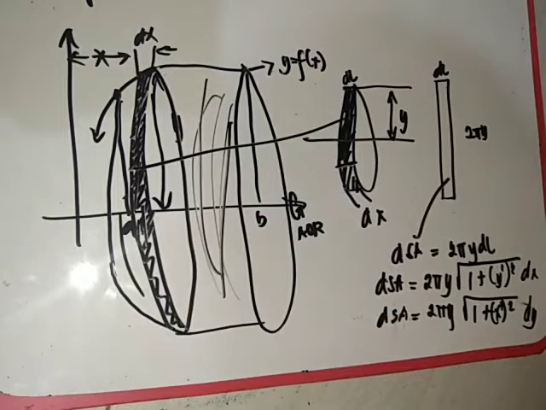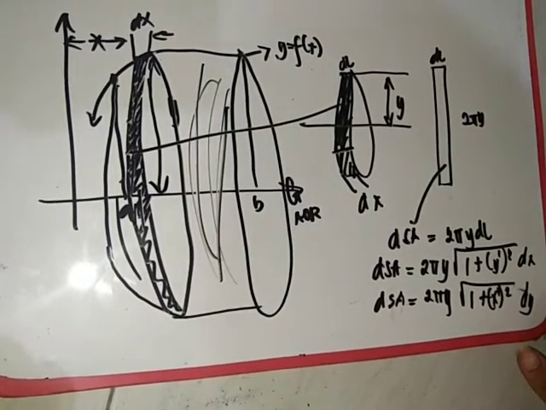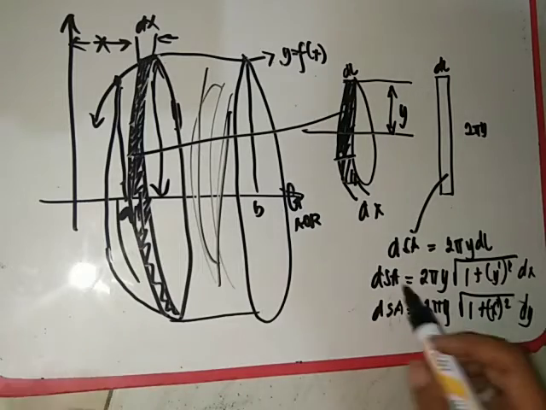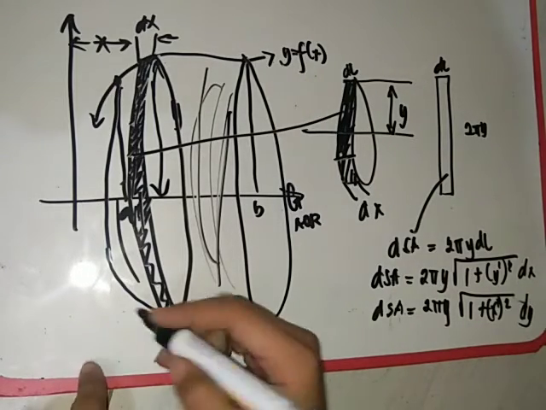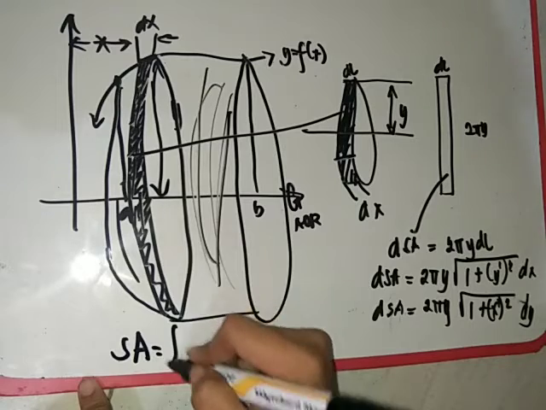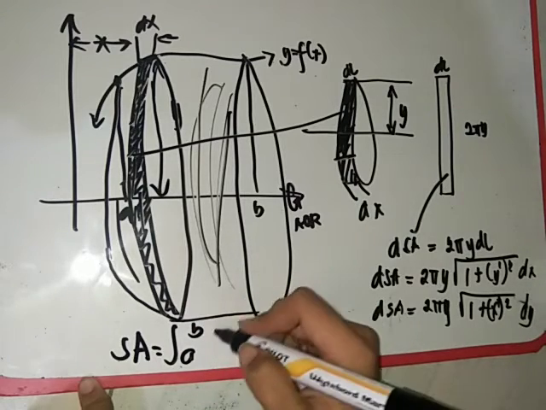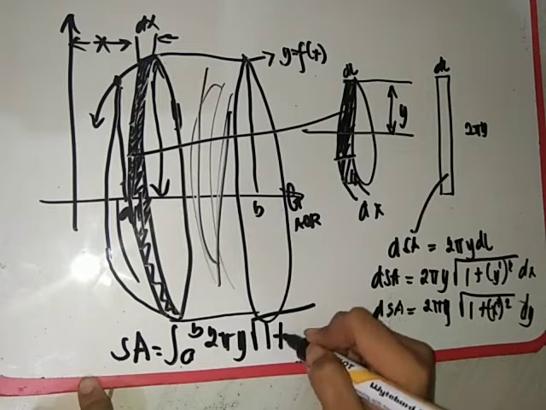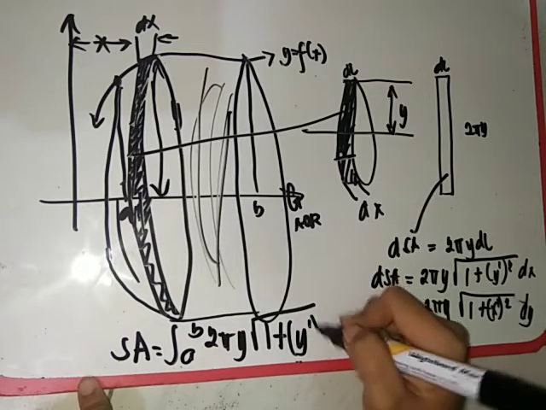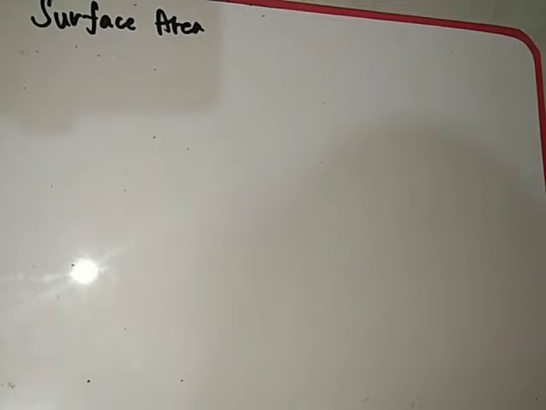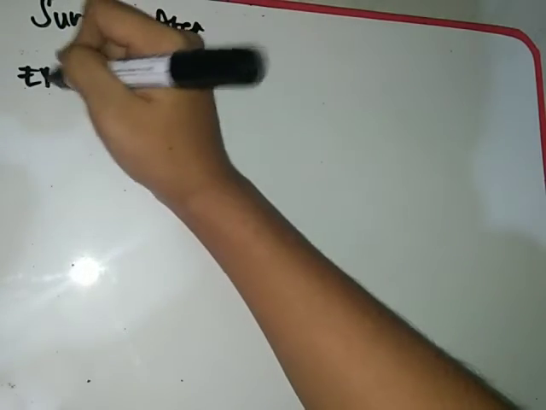So in this topic, we are going to have an example for the x. So the surface area is equal to the integration of a to b, 2 pi y square root of 1 plus y prime squared dx. So let's have an example.